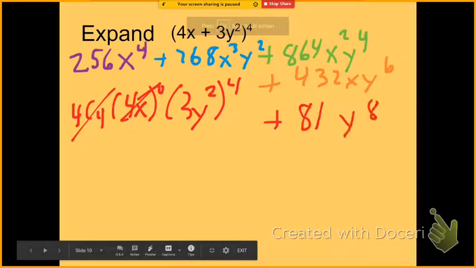Alright, y⁸. So that thing I told you about, the exponents always adding up to n, that's going to be before you simplify. But after you simplify, if you have a term that's raised to a power like 3y², then that rule won't apply. But before you simplify, it does.